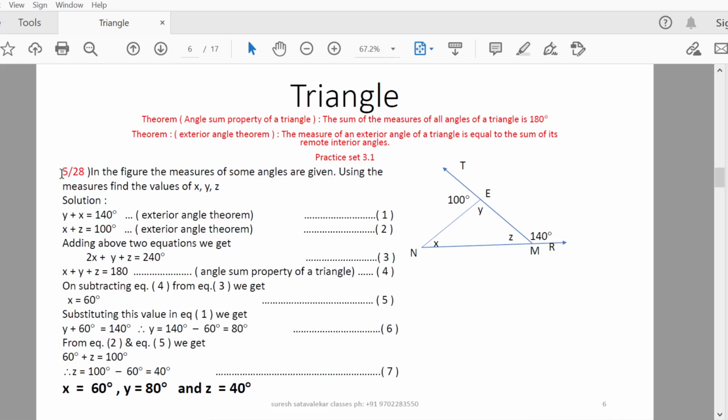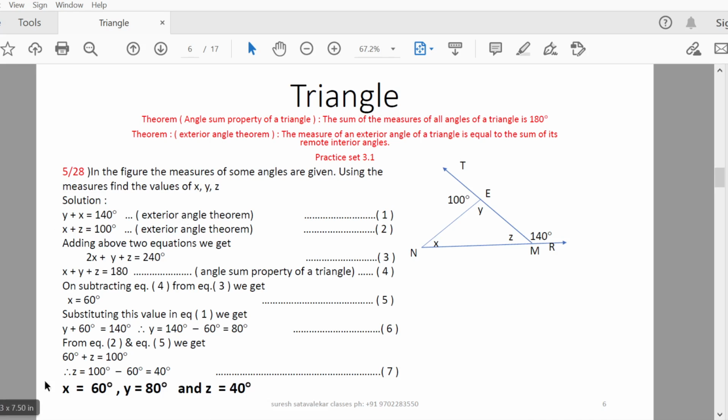Example number 5 on page number 28. In the figure, the measures of some angles are given. Using the measures, find the values of x, y, z. Now here, y plus x is equal to 140 degrees. Here, the exterior angle theorem is used.